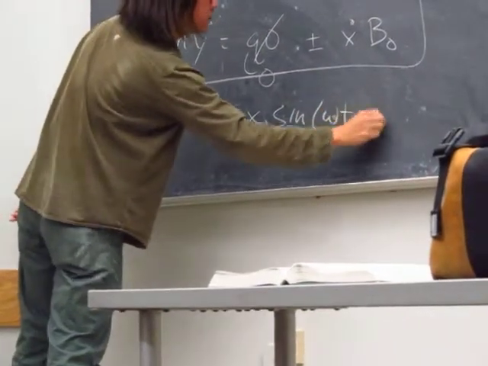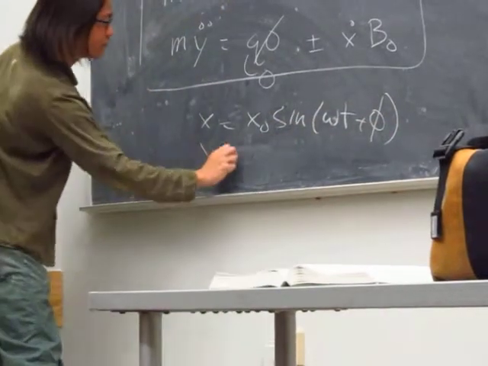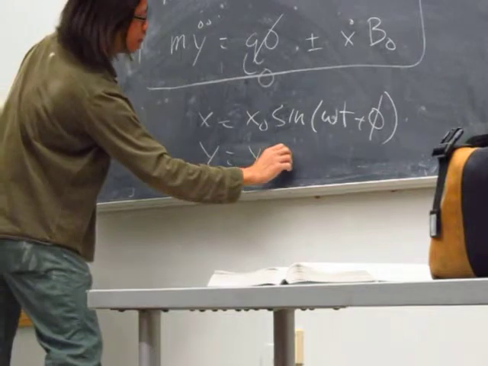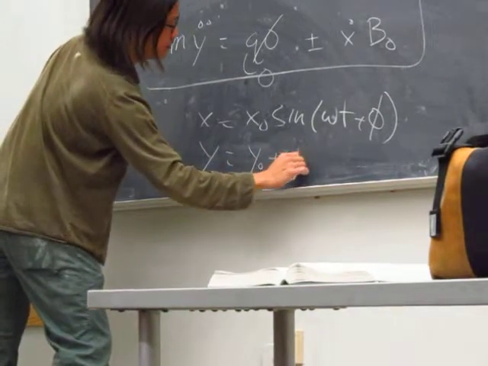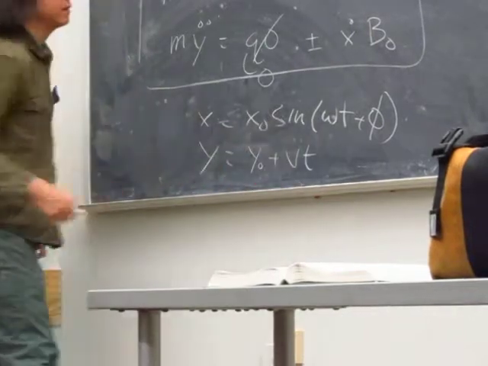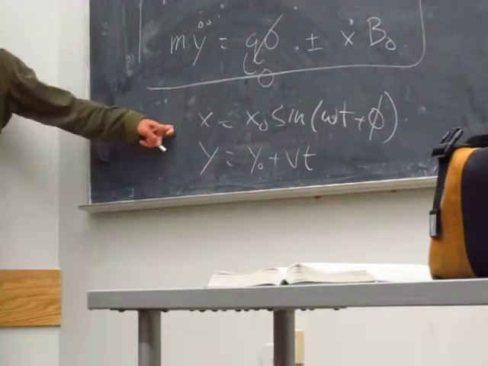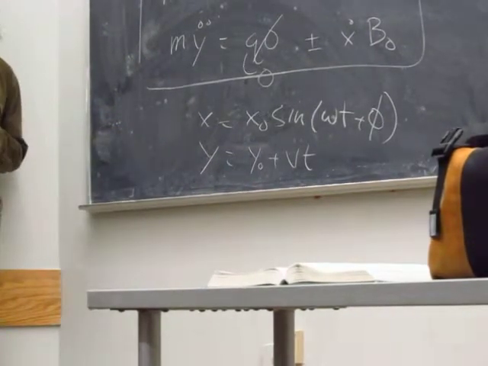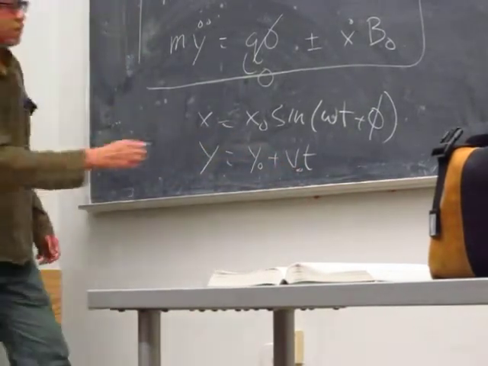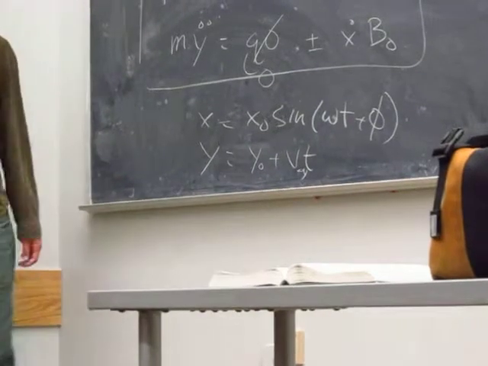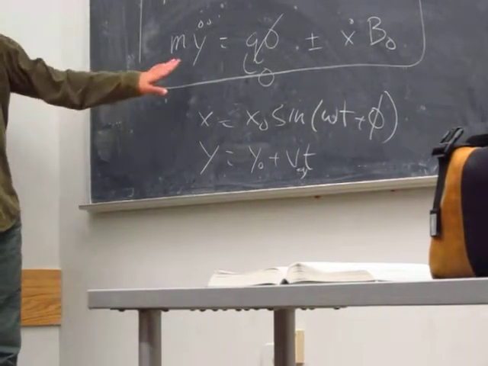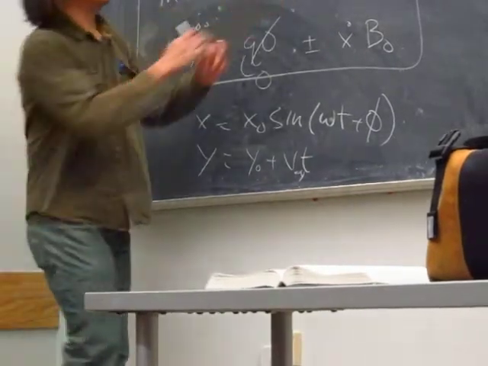And then y is going to be y naught plus v, the drift velocity times time, something like that. You will get something like this, and this depends on the initial condition, v naught y. Sorry? Are both of those x dots next to the top one y? Top one is y, right there.